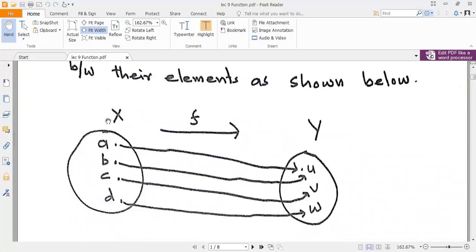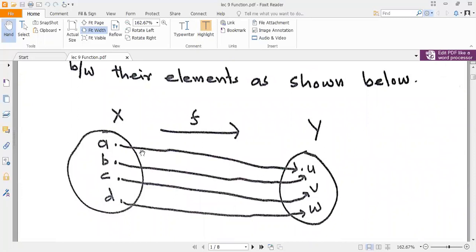This is the first relation between X and Y. F is a relation from this set to this set. X has elements A, B, C and D. Y is another set whose elements are U, V and W.